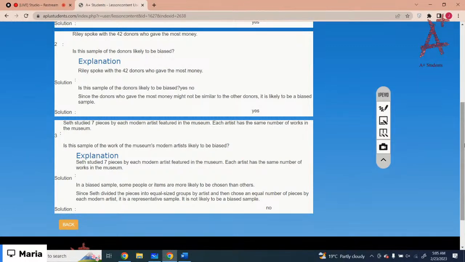It is not likely to be biased, because he divided into 7 equal groups and then chose from each group. So that is not a biased sample. Got it?